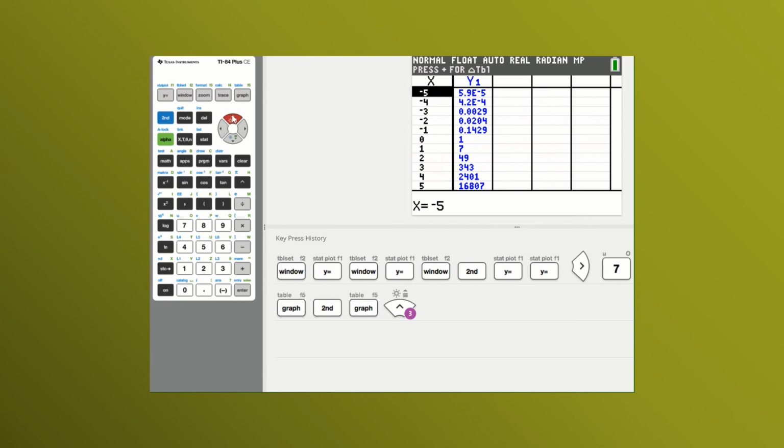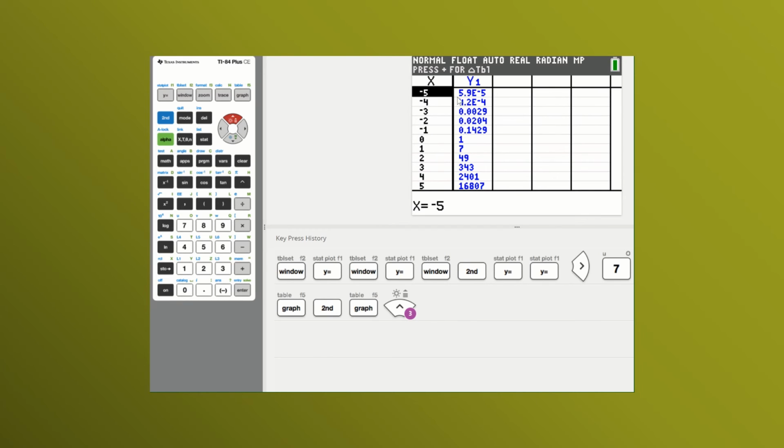How about when x is negative 4? I'm at 4.2 times 10 to the negative 4th in scientific notation. That means I'd move the decimal 4 places, which gives 0.00042. Now that's getting to be a really small number.